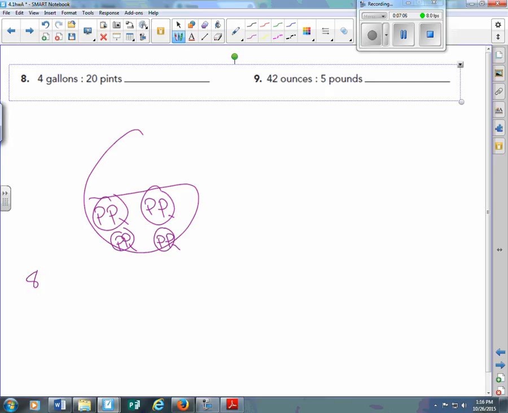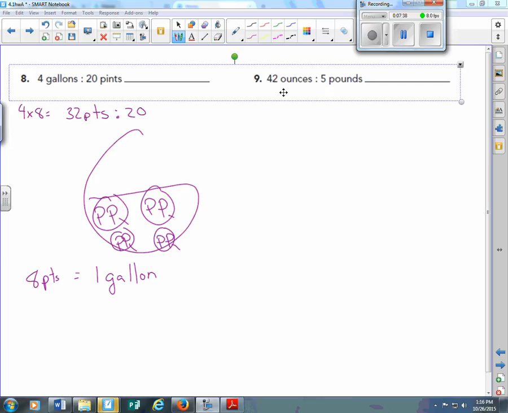So there are 8 pints equals 1 gallon. So that means that 4 gallons would be 32 pints. Set that as a ratio to 20 pints. And then we would reduce. Divide both of these by 4. And I get 8 to 5.